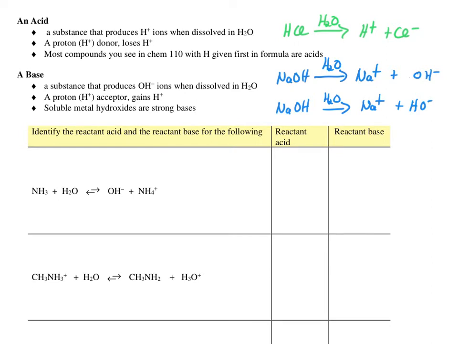Identifying acids and bases is not always this easy. Sometimes you have to determine it from the context of the chemical reaction. For example, it's clear from this reaction that NH3 is somehow related or converted to NH4+.